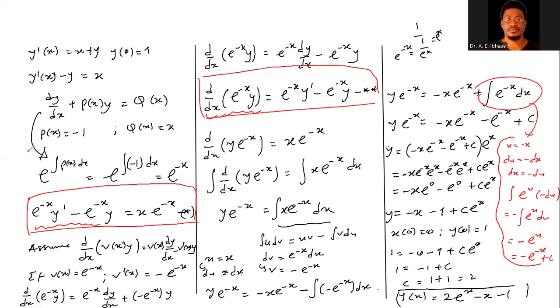Now, since we have been able to compute the exact solution for the given example, which is y prime of x being the same as x plus y, given the initial condition y of naught being the same as, what is that again? 1, yes.